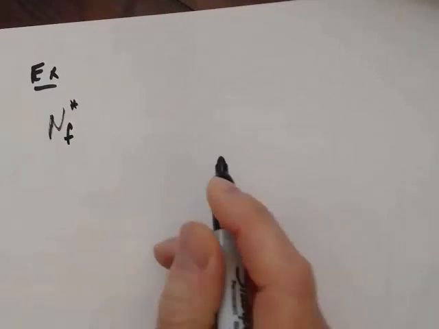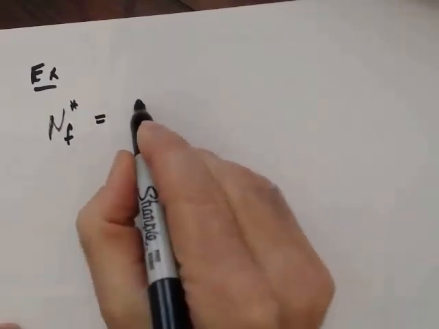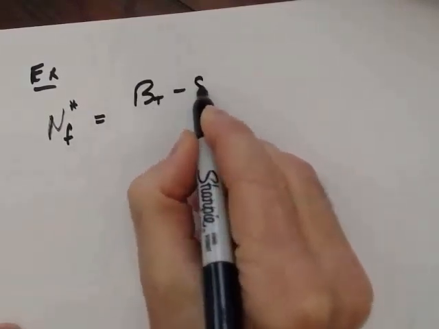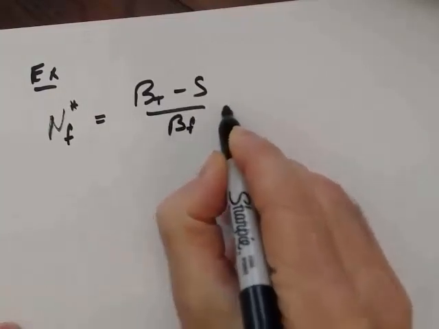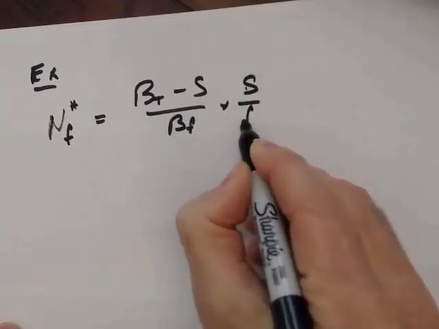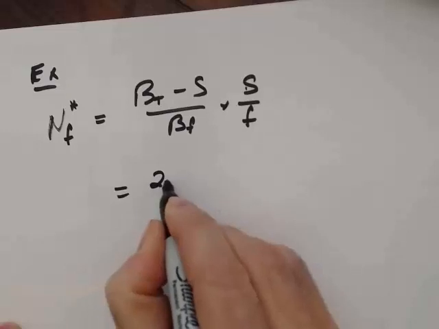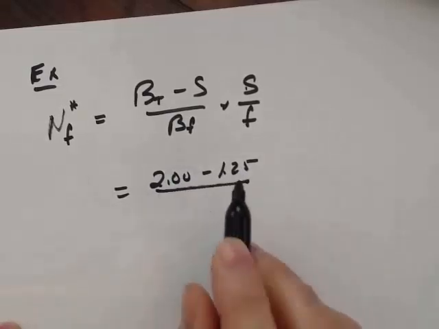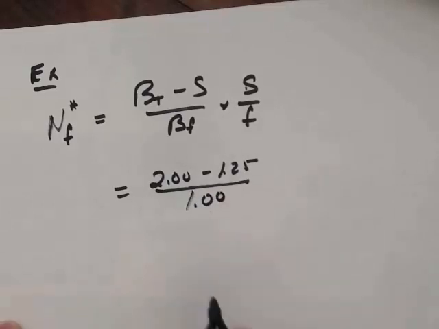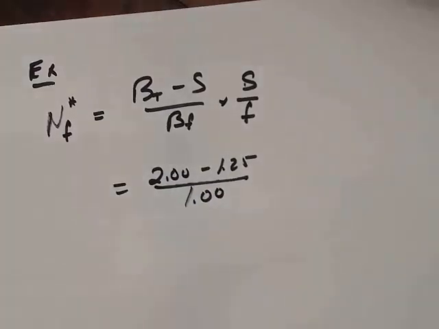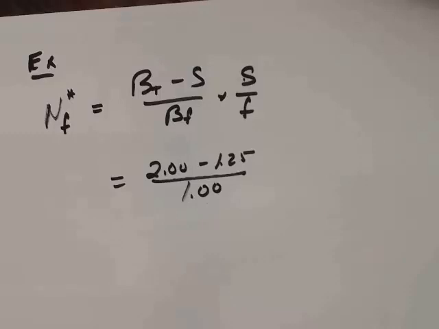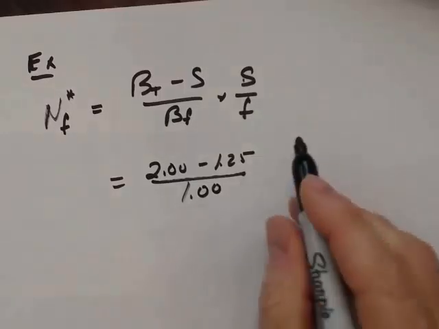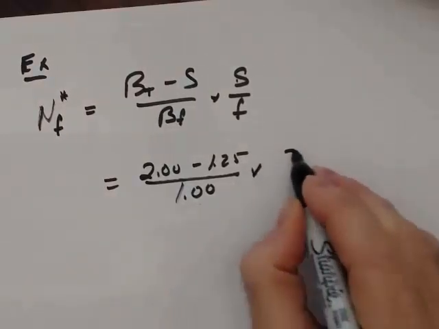So here we have the optimal number of contracts, futures contracts. I'll write out the formula, and let's drop the numbers in. We want a target of 2. We're at 1.25. So it's positive, meaning we need to go long futures contracts. We're using the S&P 500 as the contracts to hedge against, and they have a beta of 1 by definition.